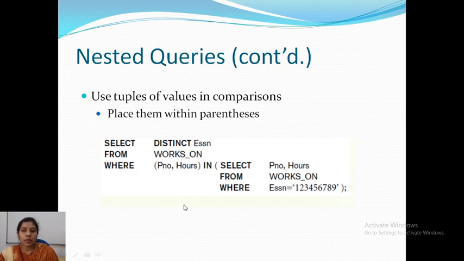That means we check all employees who are working on the project with the same project number and number of hours on which the employee with 1, 2, 3, 4, 5, 6, 7, 8, 9 is working. We need to see that their project number and the number of hours must be the same. If it is the same for such employees, you get the employee SSN.